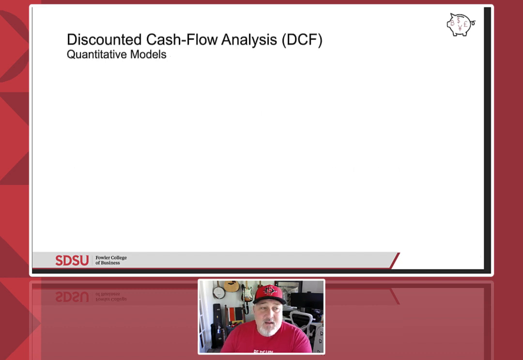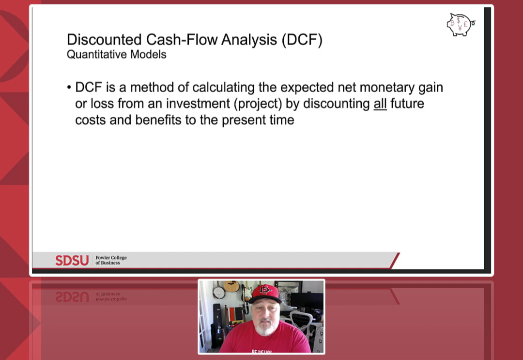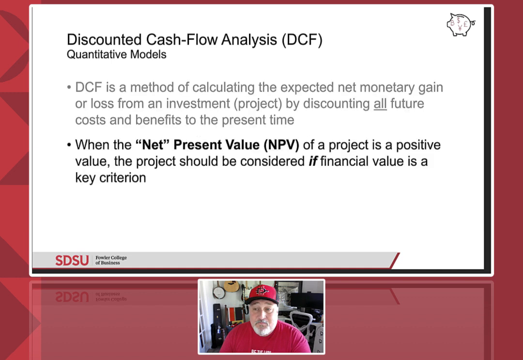So when we start to talk about the next thing, which is the discounted cash flow analysis, this is where we take all of the expected monetary gains and losses from the project. So your cash outflows, all the costs, all the cash inflows, all the benefits, and then we discount it based upon that discount rate to make it look like what the value would be if everything happened today.